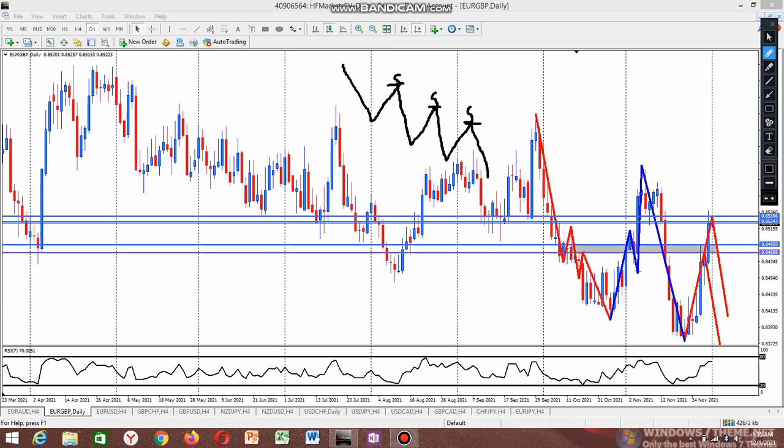So we want to see the market giving us this type of move on both the D1 time frame and also on the H4 time frame. We want to see the market doing the same thing on D1, H4, and H1. Actually, on the H1 time frame the market does not really need to be on a downtrend, by the way.